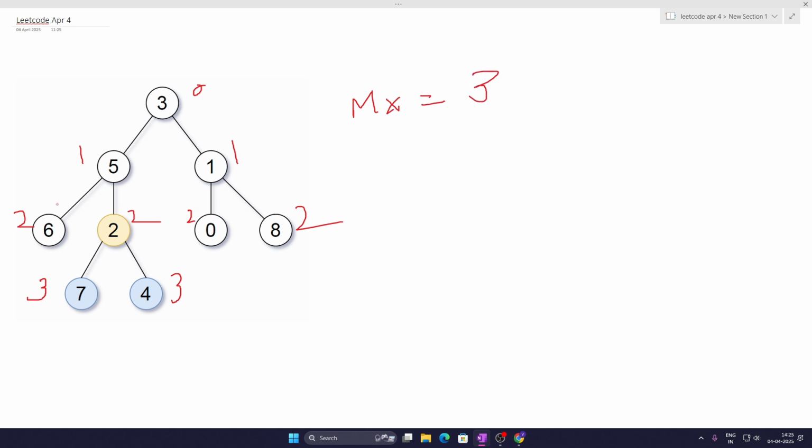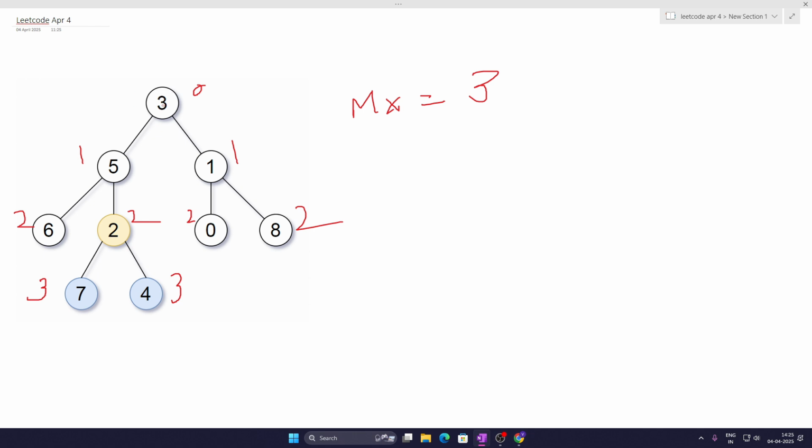We will reach each and every node, and we will ask that node, what is the depth of you? In the root node, it says 0. If it is equal to the maximum depth, like here in this case the maximum depth is 3, if it is the maximum, then we will return that value.